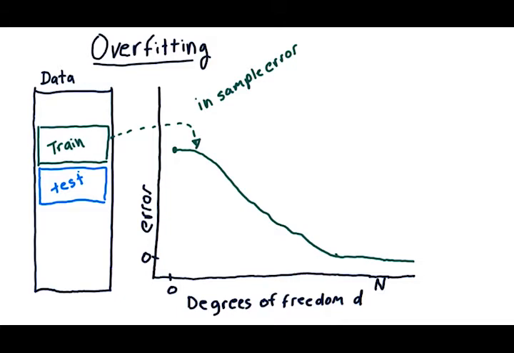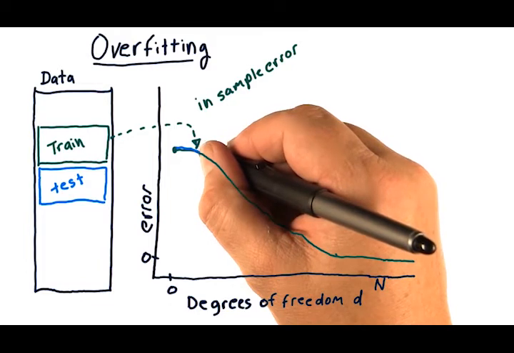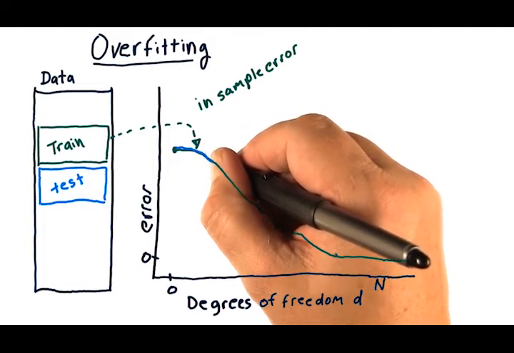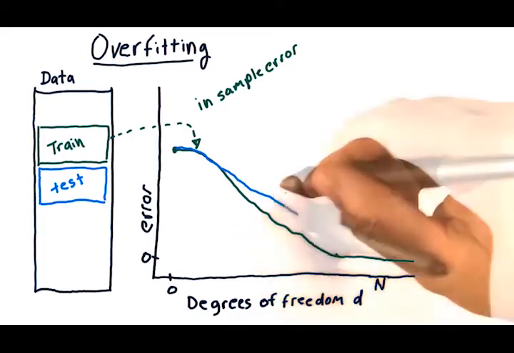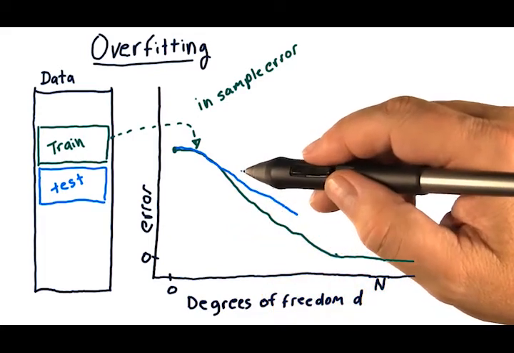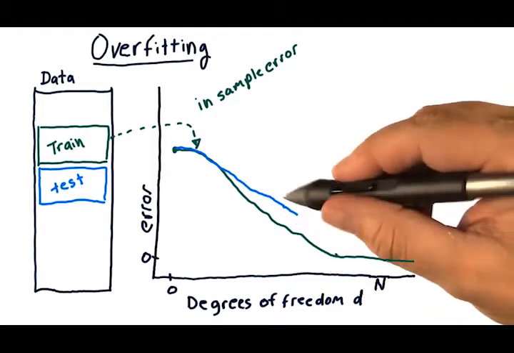Remember that we expect our out-of-sample error to always be greater than or equal to in-sample error. The curve will look something like this. It'll start out at maximum error about the same as our in-sample line, and as we go down, it'll begin to diverge like this. Now in this region, both our in-sample and out-of-sample errors are still decreasing.